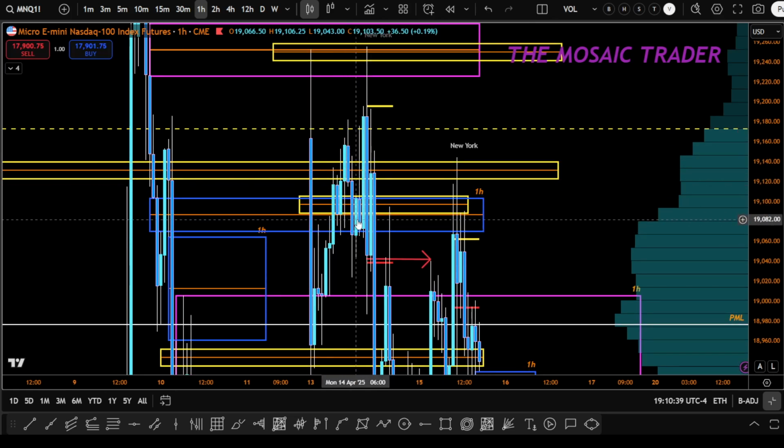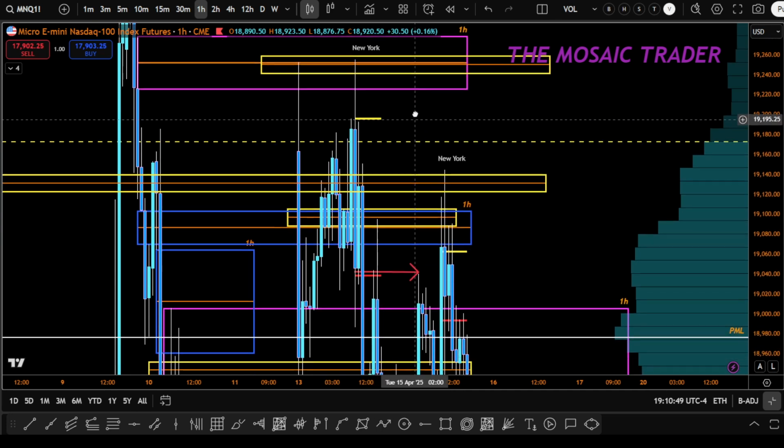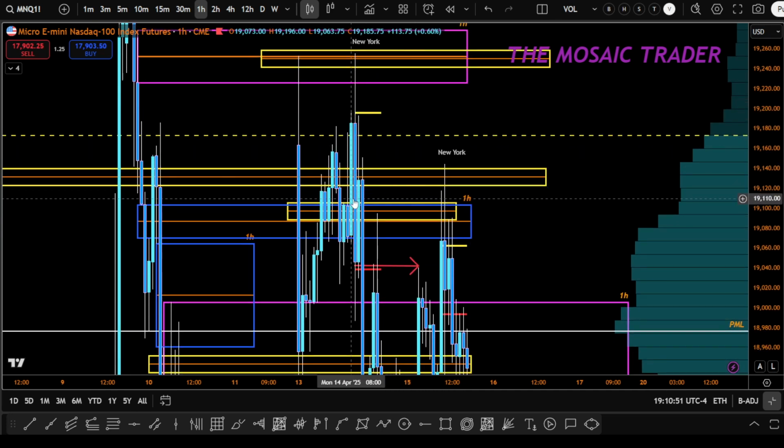Up and down here. And then again, went all the way back up here again. All the way back down here, which ended up being point of control.